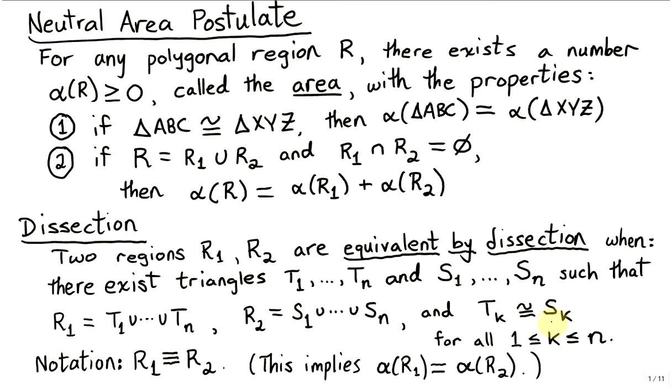S1 congruent to T1, S2 congruent to T2, etc. We write this notion of equivalent by dissection using R1 triple equal sign R2. And since these regions are equivalent in terms of triangles, by the properties of the area function defined by the neutral area postulate, two regions which are equivalent by dissection must have the same area.